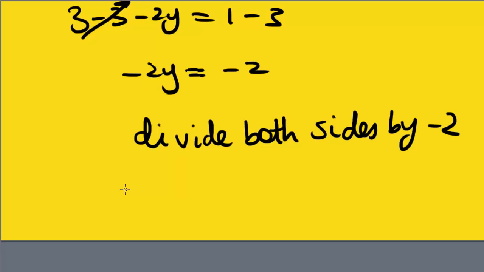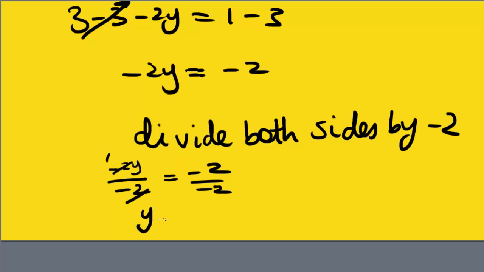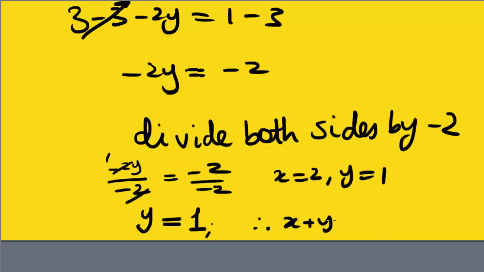That gives minus 2y over minus 2 equals minus 2 over minus 2. So you have y now isolated on the left hand side. y equals minus 2 over minus 2, which is 1. Anything divided by itself is 1. So we have x is 2, y is 1. Therefore, x plus y is 2 plus 1, which is equal to 3.